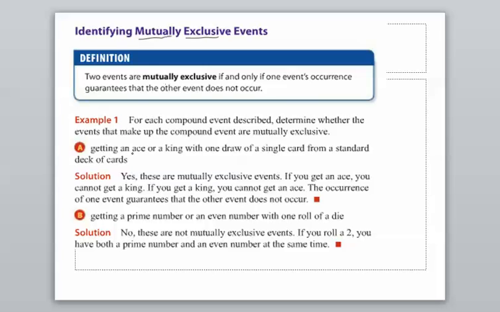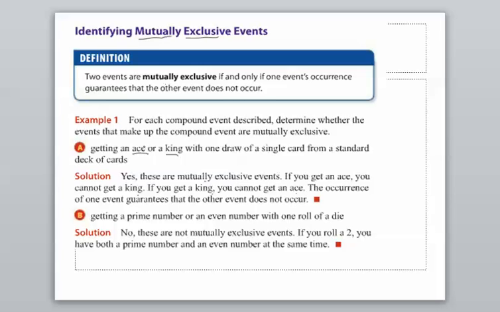Getting an ace or a king with 1 draw of a single card from a standard deck of cards. And this is a mutually exclusive event. If you get an ace, you cannot get a king. If you get a king, you cannot get an ace. The occurrence of one event guarantees the other one does not occur.